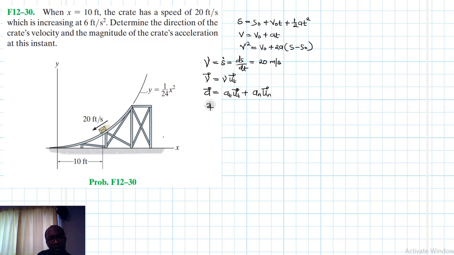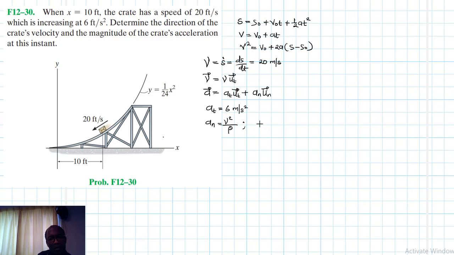Our a_t, since the acceleration is uniform, is just equal to 6 meters per second squared. And then a_n will be equal to v squared divided by rho.